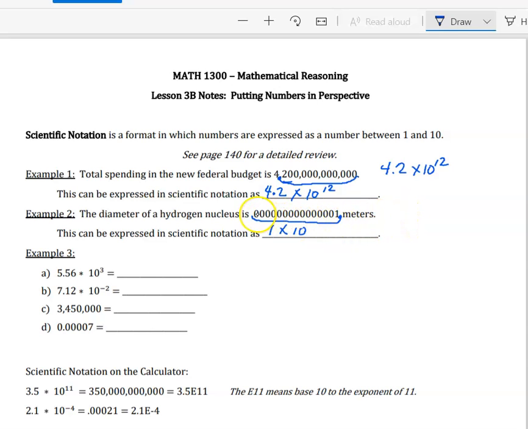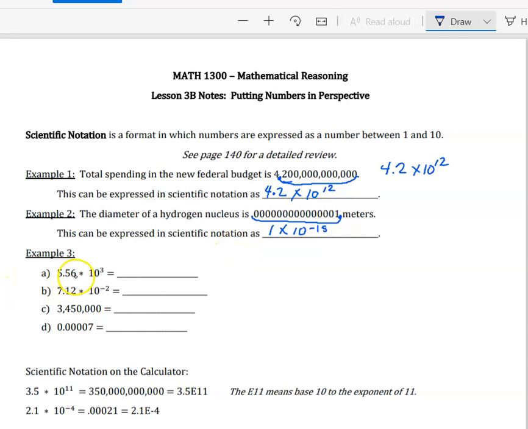So we're going to have 1, and we've moved it 1, 2, 3, 4, 5, 6, 7, 8, 9, 10, 11, 12, 13, 14, 15 places. And this time it's going to be a negative 15, because 1 is a lot bigger than 0.00000, however many zeros that is, 1, right?